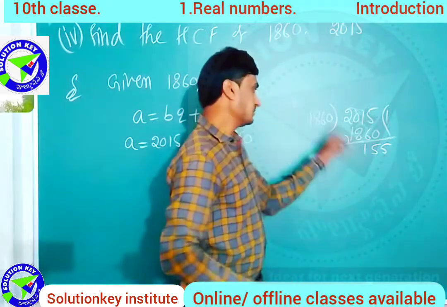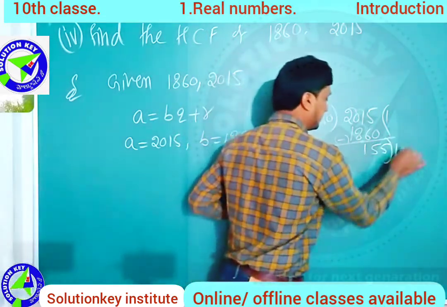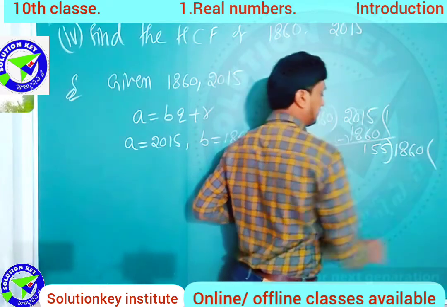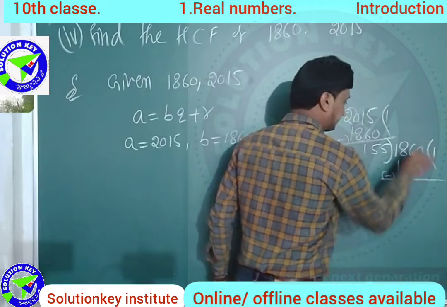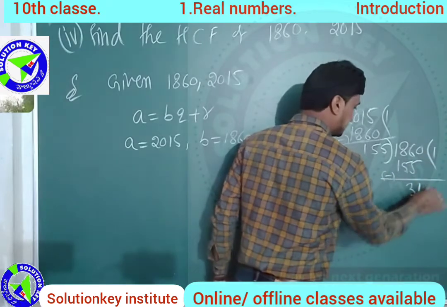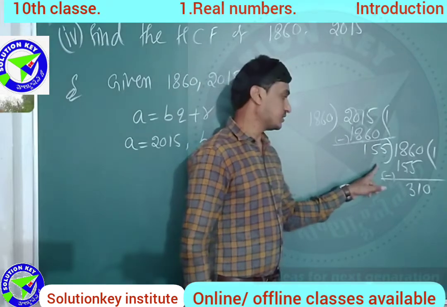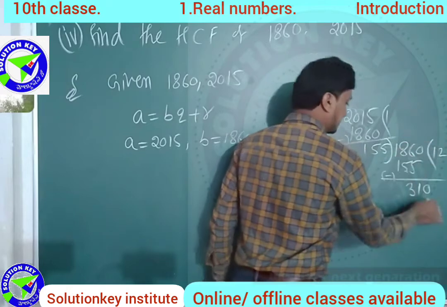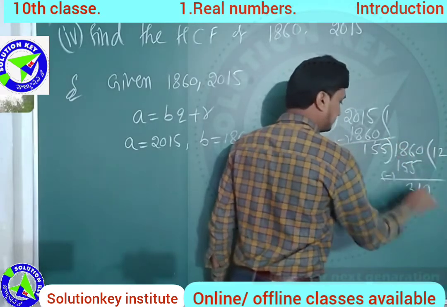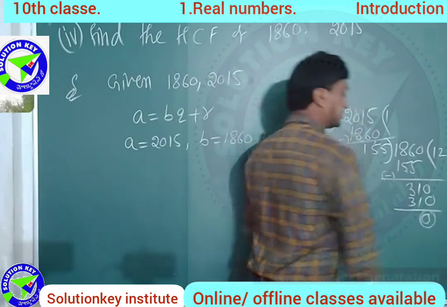So in this table 155 is not possible. Then 1860 by 155: again I am taking 12, 2 × 5 is 10, 1 × 2 is 2, 3. You are getting the 0 remainder.